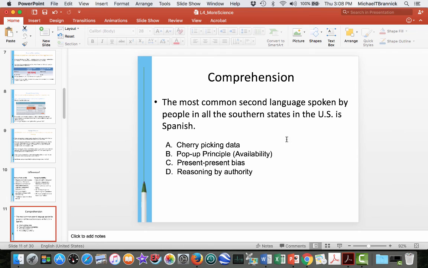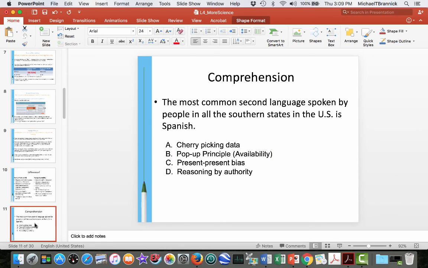Who do I know? And certainly in Tampa, Spanish is the thing that's going to come to mind. And so it would be the pop-up principle for availability because it's easy to remember. If you lived in New Orleans, you might think differently because you would know lots of people who speak French, and you'd figure French was the right answer.